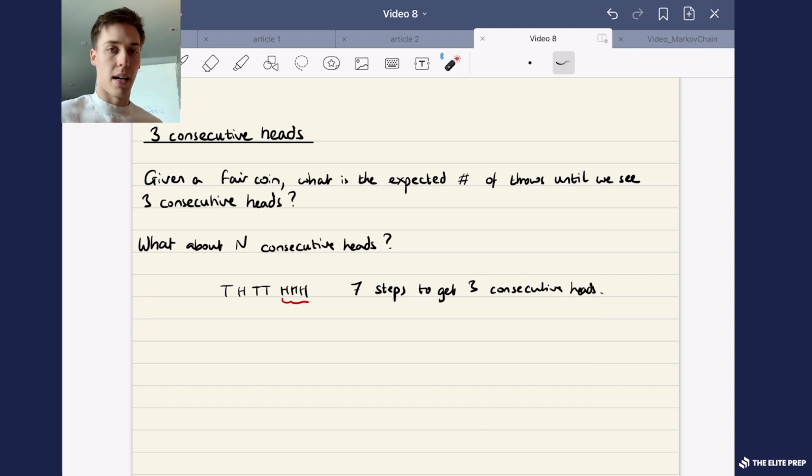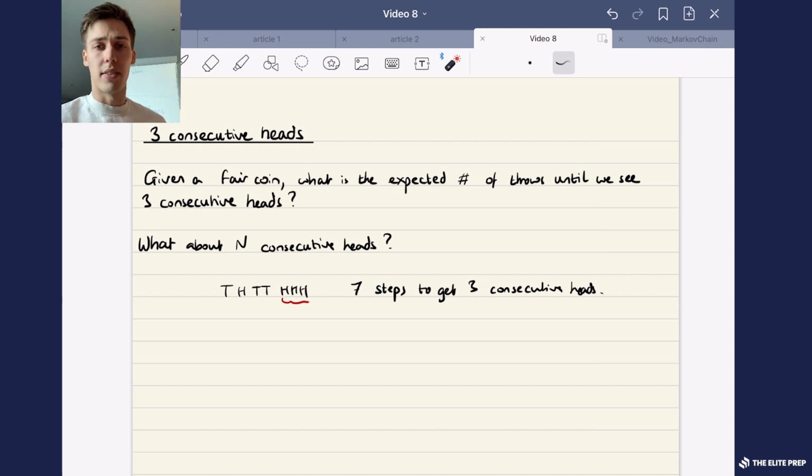Notice that we have to restart every time we throw a tail. Even if we throw 2 heads in a row, as soon as we throw a tail, we then have to start all over again. And that is something which commonly causes issues for people first tackling these kinds of problems.